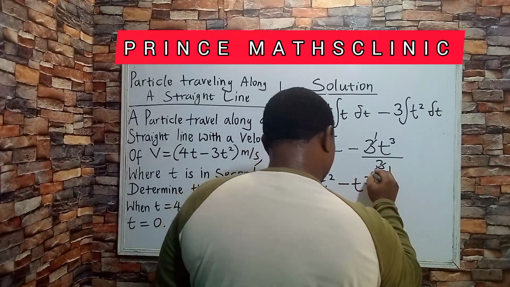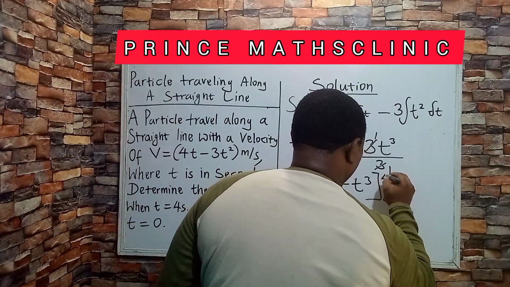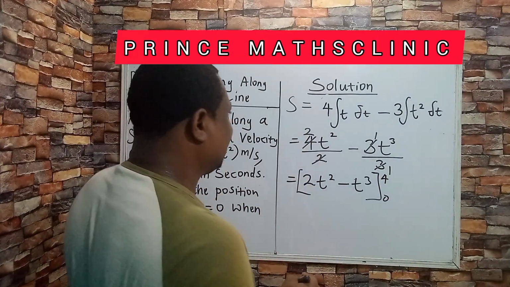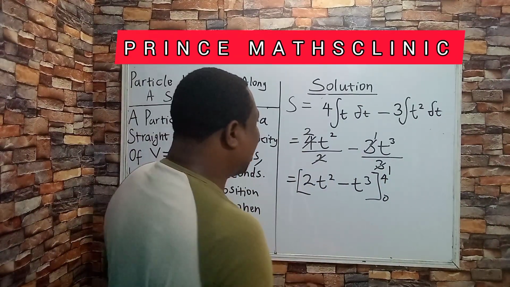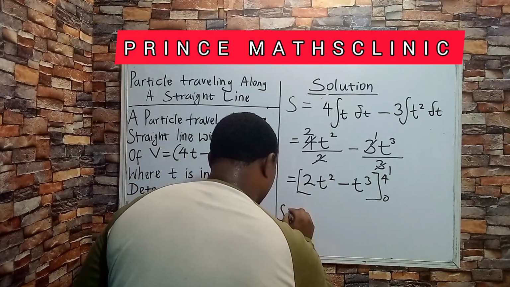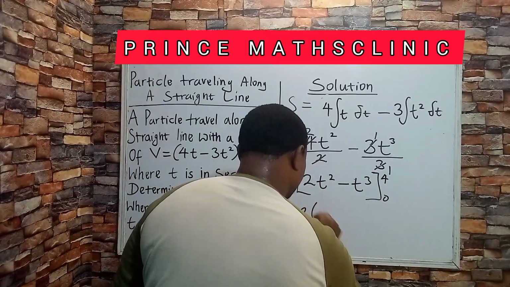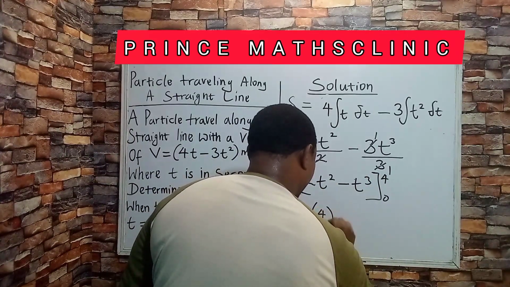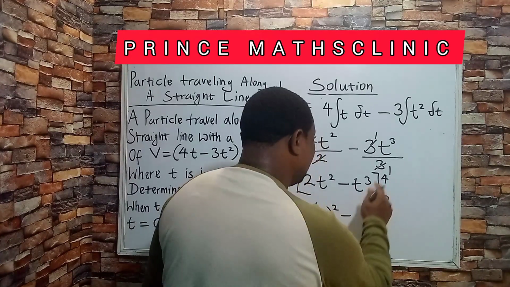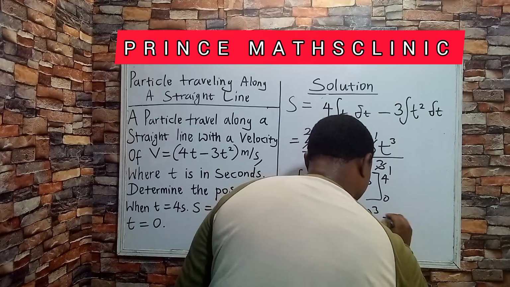Mind you, it is from 0 to 4 from our question. So that means that when our time is 4 seconds, you put 4 wherever you see t: 2 times 4 squared, minus 4 cubed.